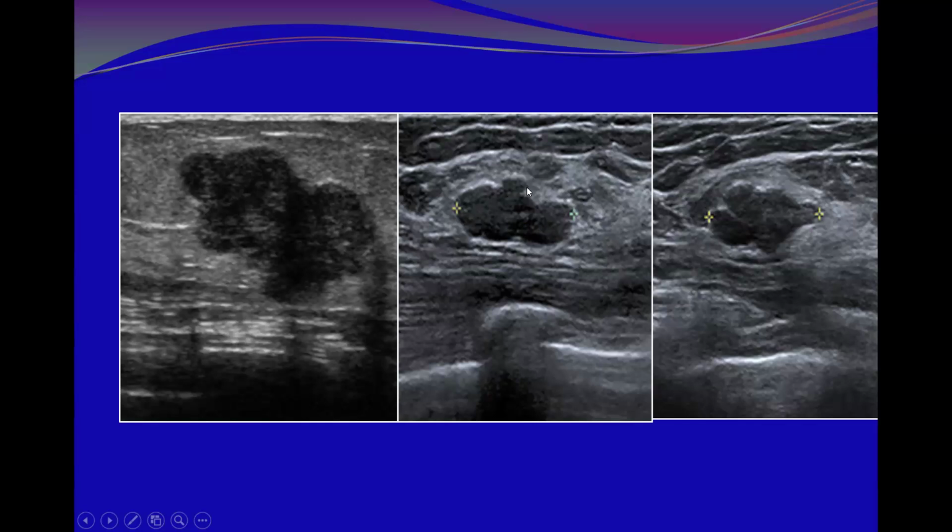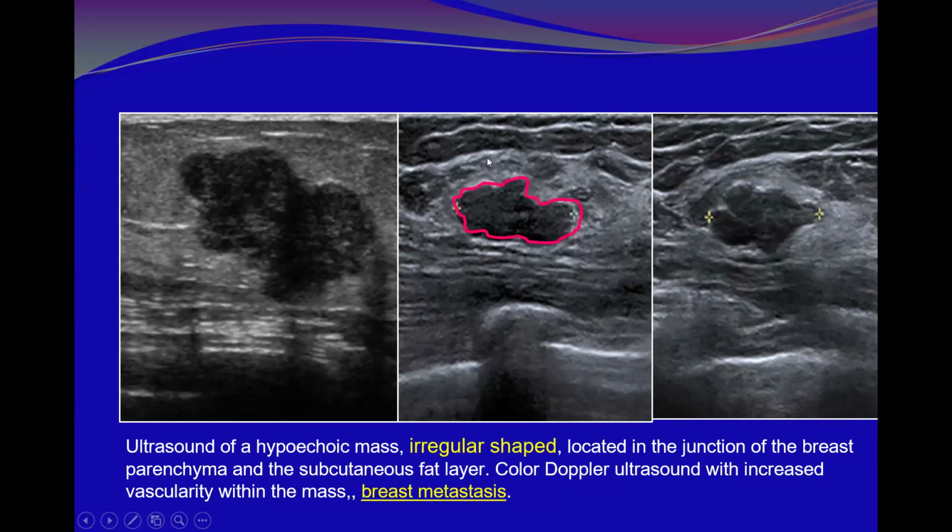Here I can see throughout, anterior, posterior, and even lateral, a thin pseudocapsule. That is why in such lesions, this is more reassuring, but this is a suspicious lesion.